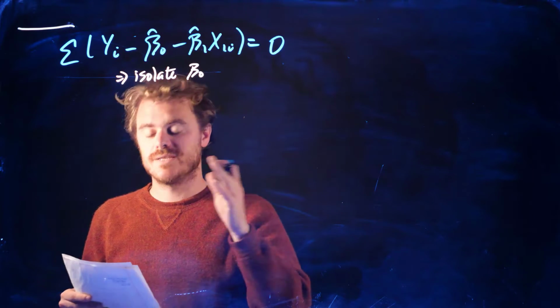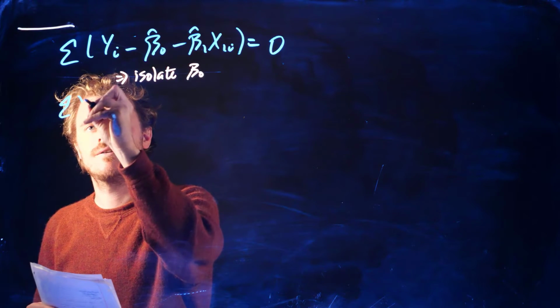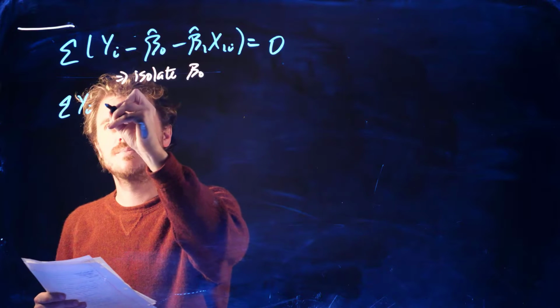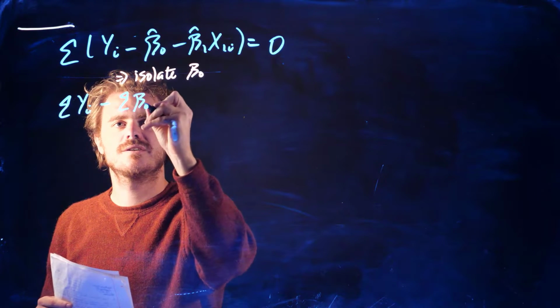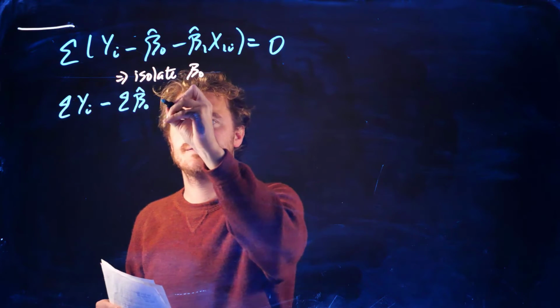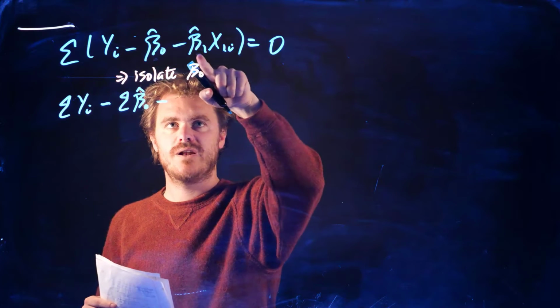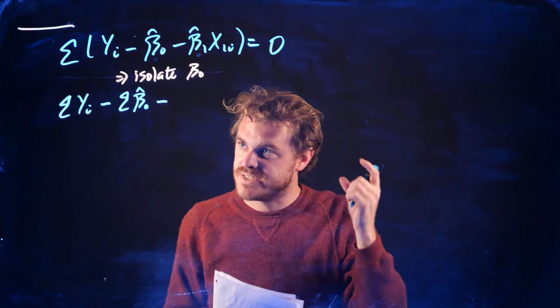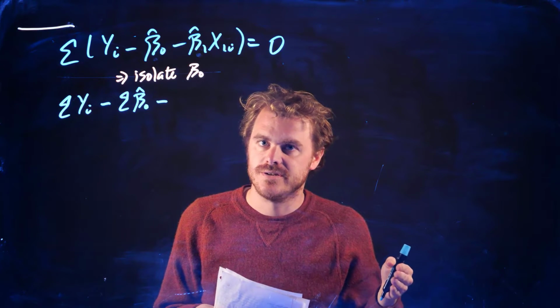The first thing here is we can start to think about separating these sums. So now let's separate some of these sums. Minus the sum of beta 0 hat, and we should talk about that in a second. Minus, now notice that beta 0 and beta 1 have no subscript i on them, right? They don't change with each observation.